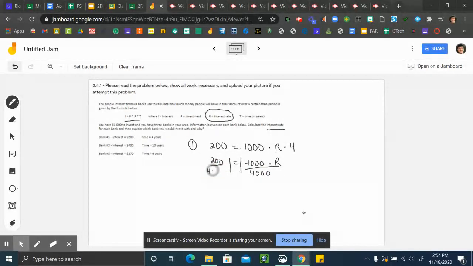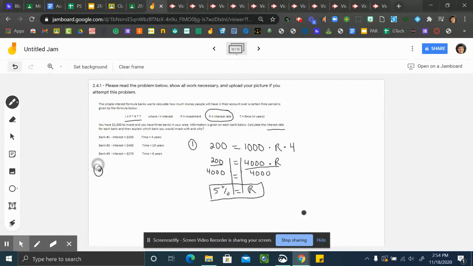Divide by 4,000. Okay, and that's going to put us at 200 divided by 4,000 is 0.05 or 5% equals R. So that's going to be the rate for the first one.